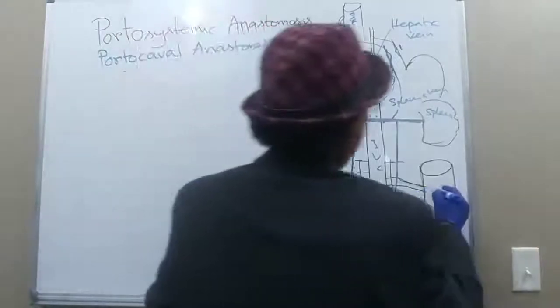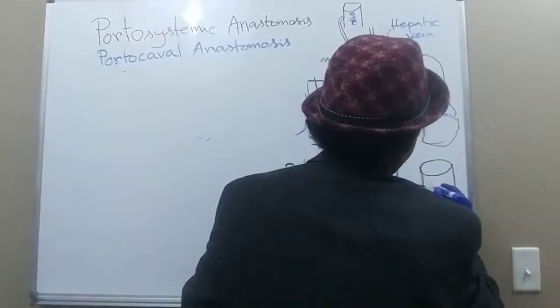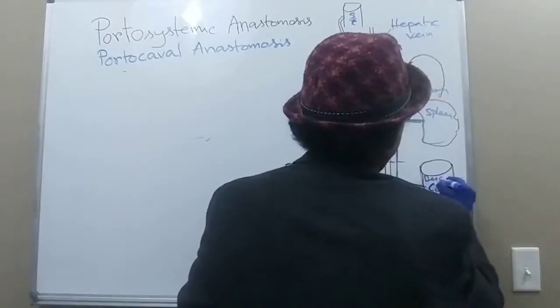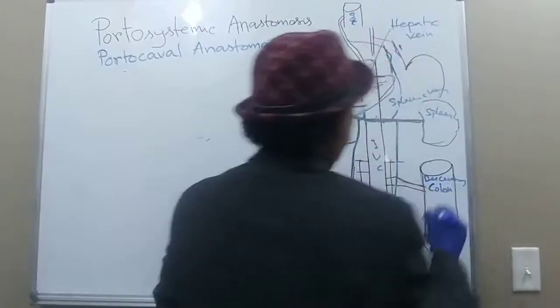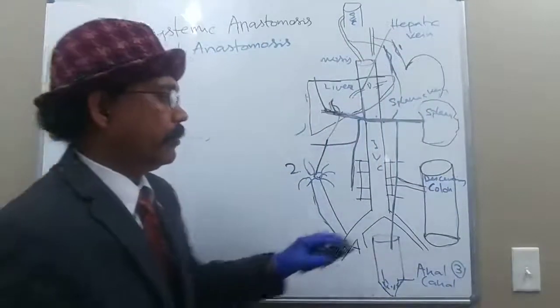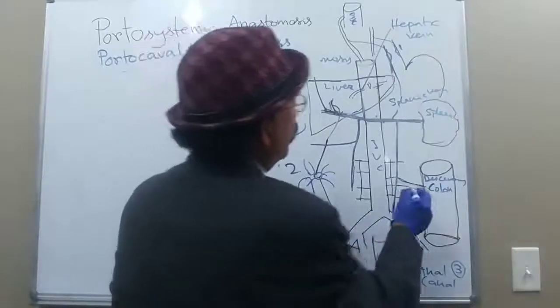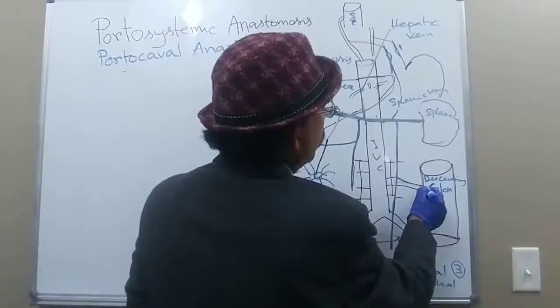Suppose this is the descending colon. The descending colon has venous drainage by means of the inferior mesenteric vein.